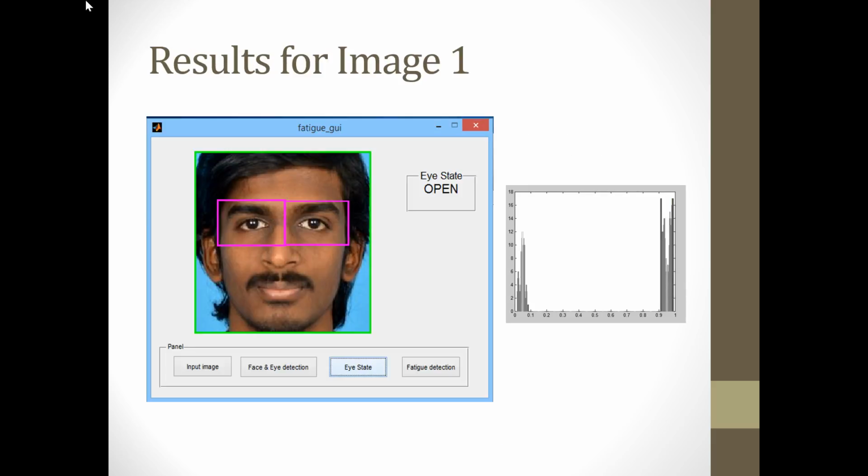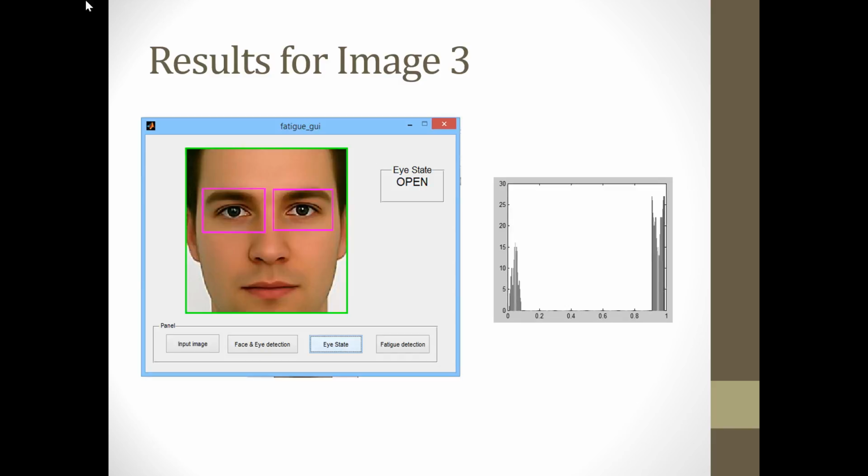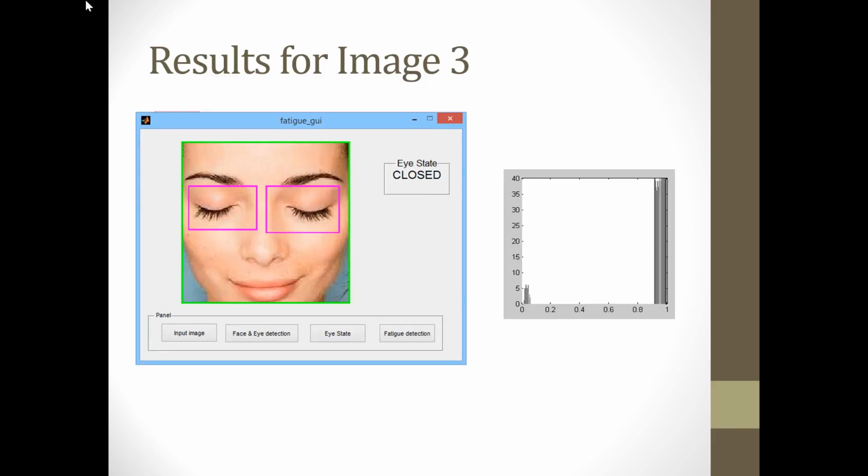So these are the results, and here is the image of one of my friends, and we can see the eye state being detected here and also the histogram being plotted for each and every image. This is an example for the closed eye state and also the histogram.